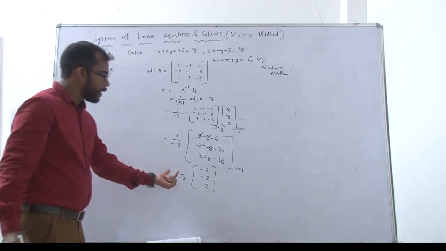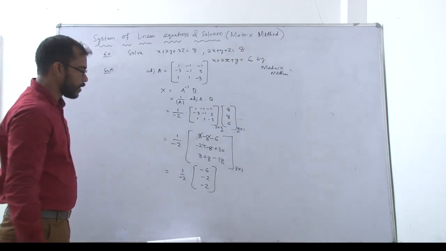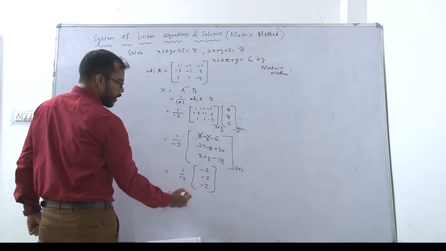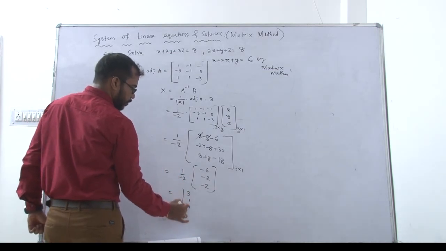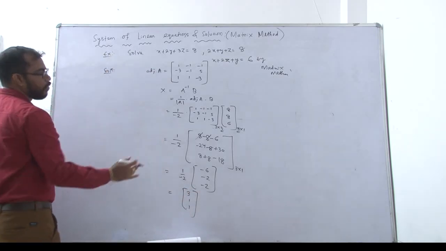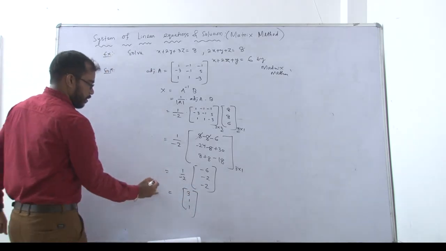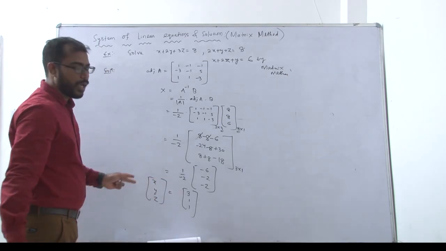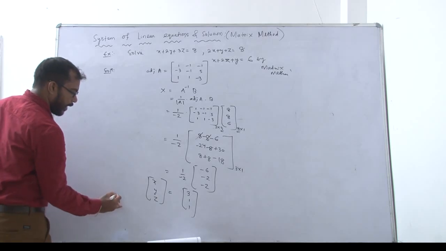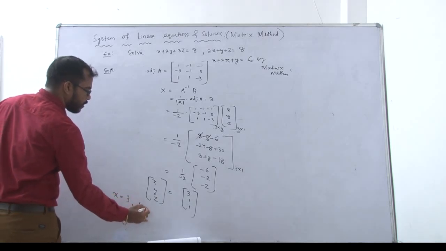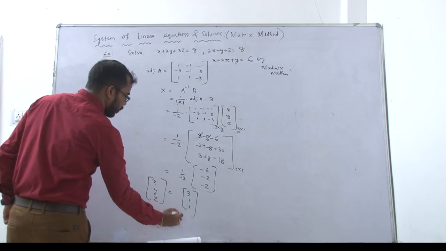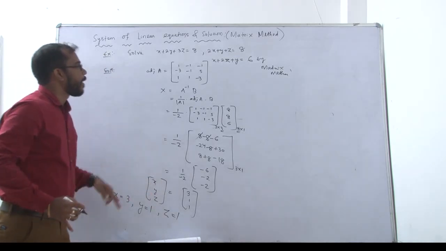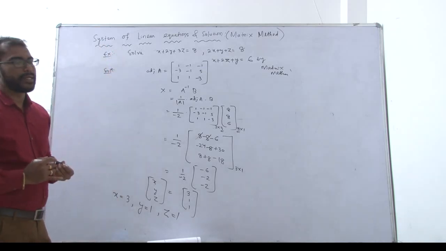So if we do the scalar multiplication, that is 1 by minus 2, then we get 3, 1, 1. So this is the value of x, and the value of x is x, y, z. So if we compare these matrices, then we get x is equal to 3, y is equal to 1, and z is equal to 1. So this is the solution of the system by matrix method.